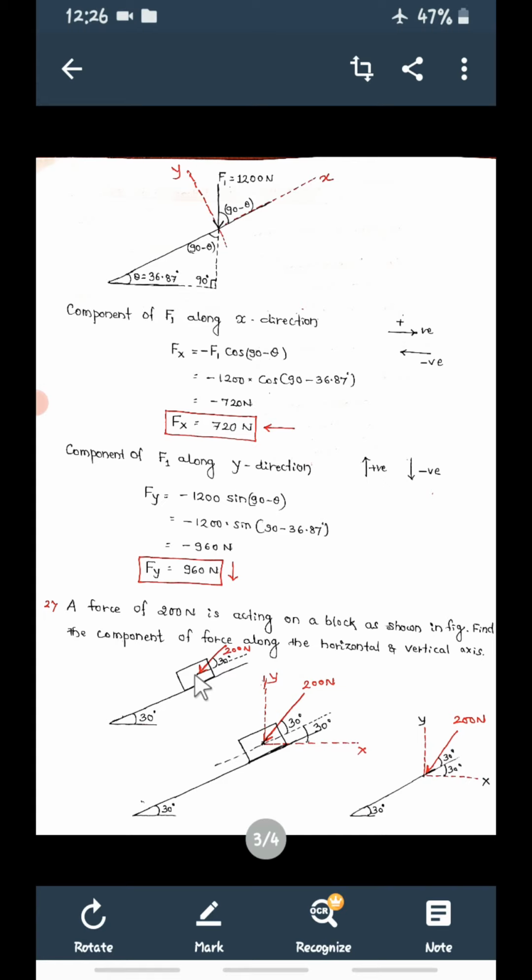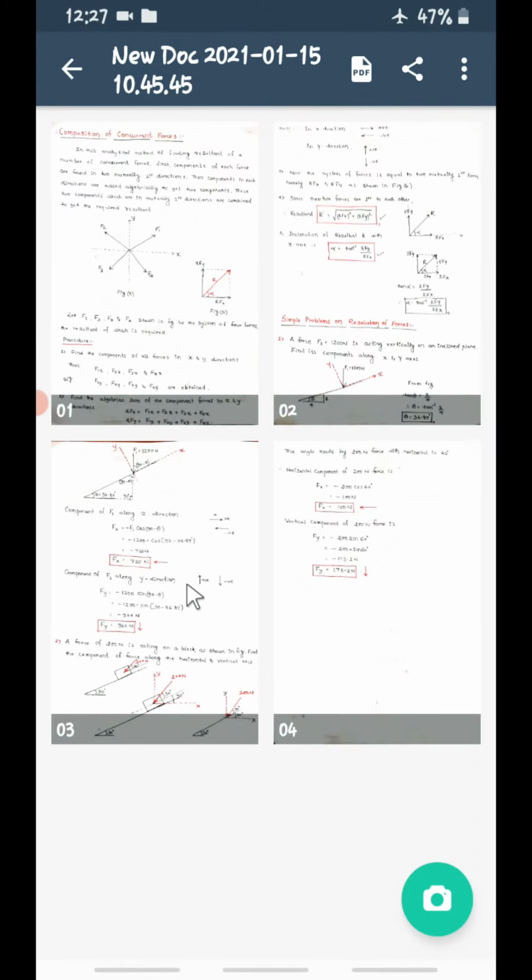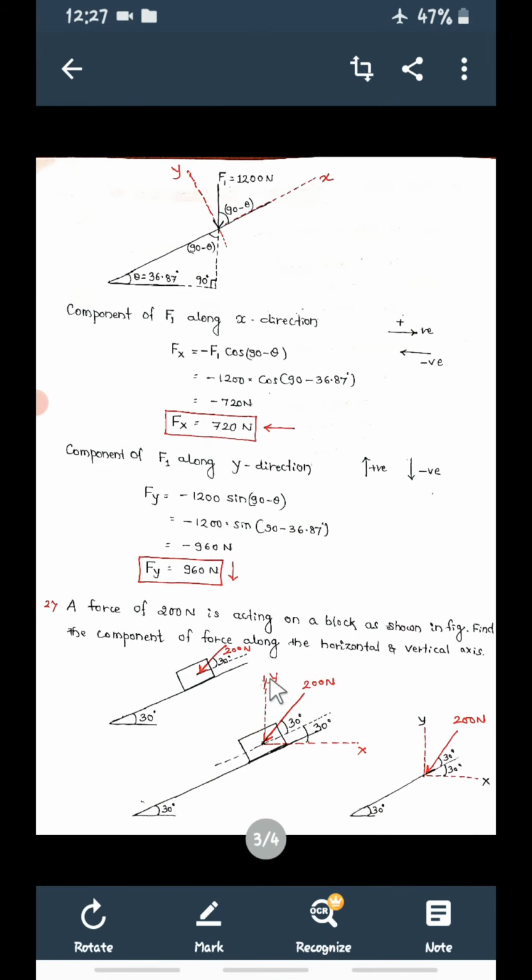The force acting here is 200 Newton. Find the component of force along the horizontal and vertical axis. Remember, here you have to find the component of this 200 along horizontal and vertical.